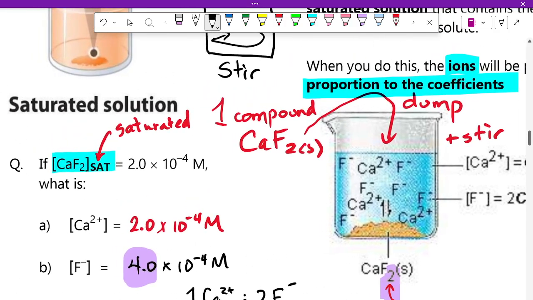For this system here, would we write the precipitation equation or the solubility equilibrium equation?